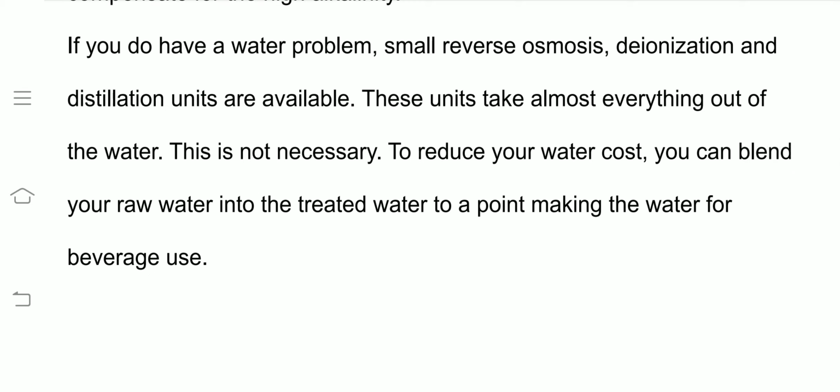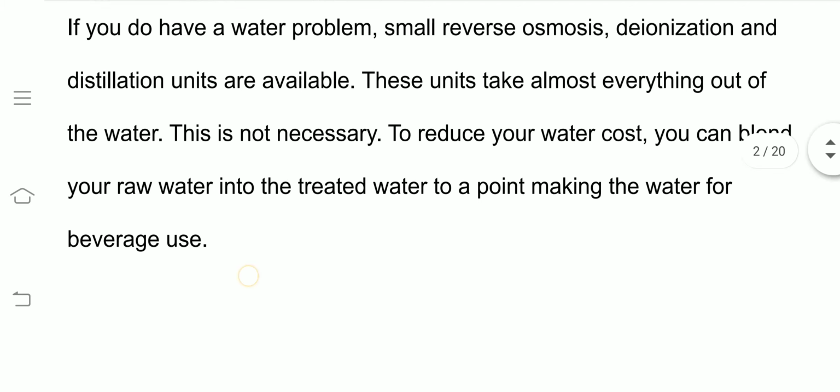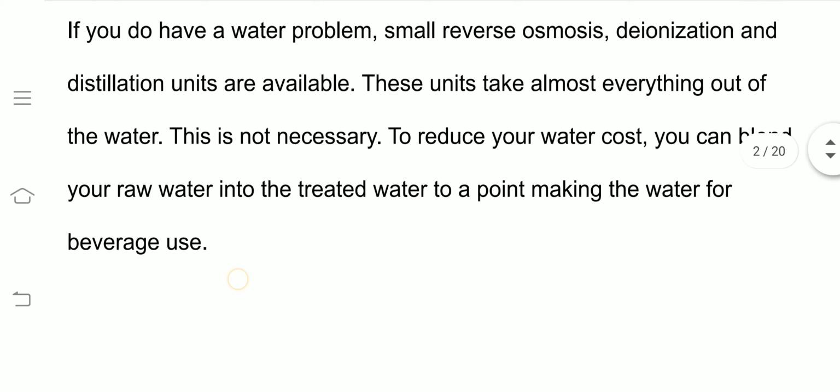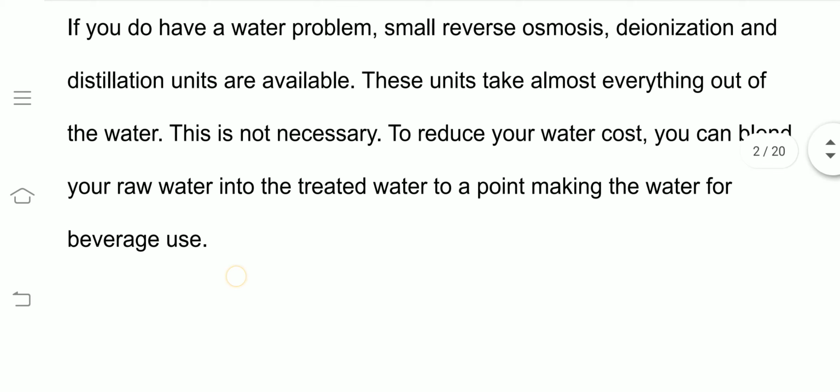So deionized water is often synonymous with demineralized water, as we know that minerals have charges or ions, and from deionization almost all of the minerals from the water are removed.